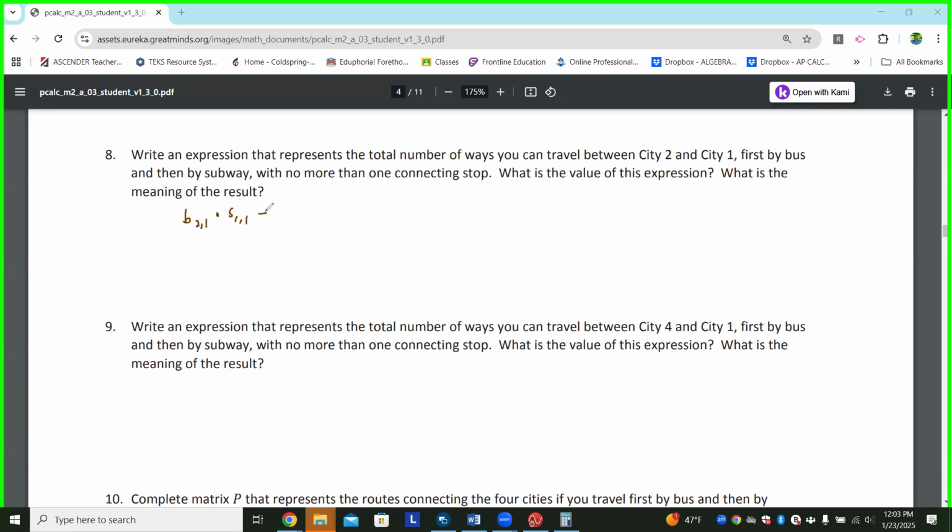So then we say plus, and then we move on to the next one. We would go bus from city 2 to city 2 times subway from city 2 to city 1. Remember, these inside numbers must be the same because you can't teleport somewhere. The beginning is always going to be 2 because that's where we're starting, and the ending will always be a 1 because that's where we're ending. You see the pattern? What would the next one be?